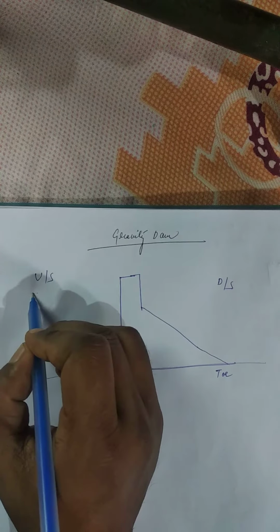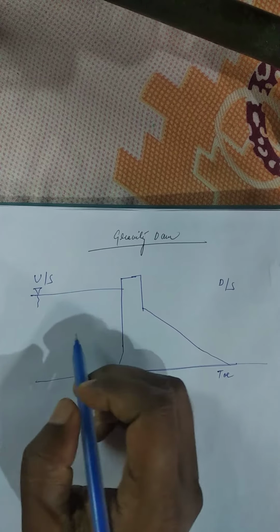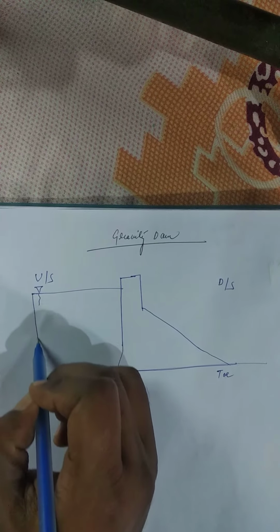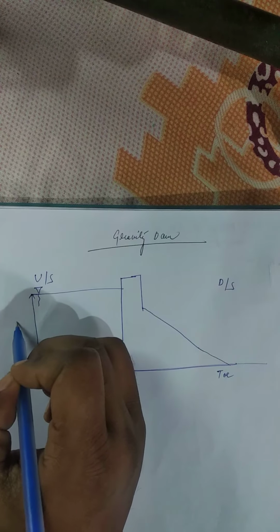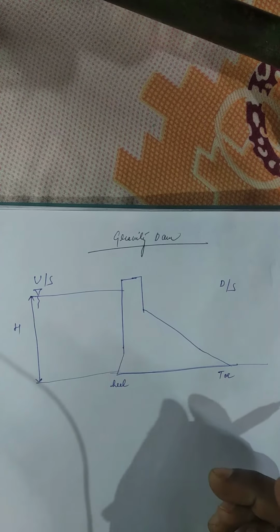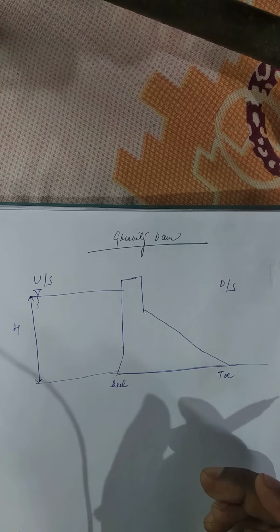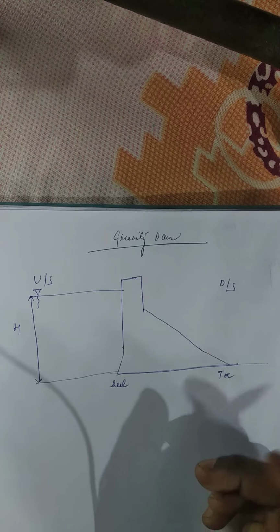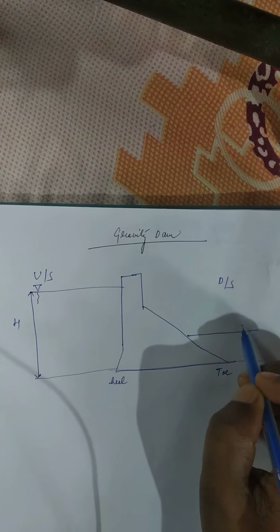Here the water is retained, the water is ponded over here. Suppose this height is h, the height of the water which is stagnant by the massive structure of the dam, and here some tailwater is also present.